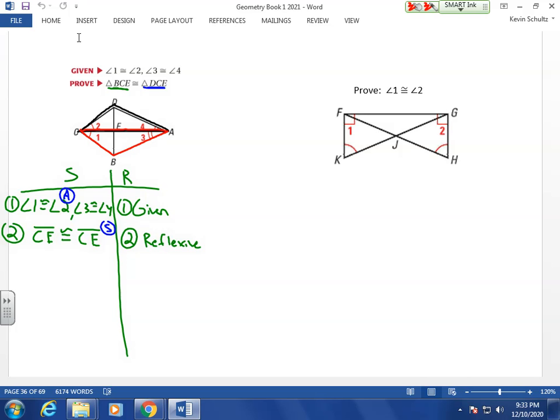Why would I care about those? Well, if I can prove those two triangles are congruent, then through corresponding parts of those two triangles, I'm going to get my third side for the triangles I actually want. So we're kind of taking an indirect approach here.